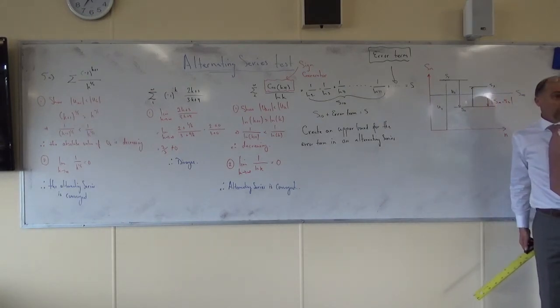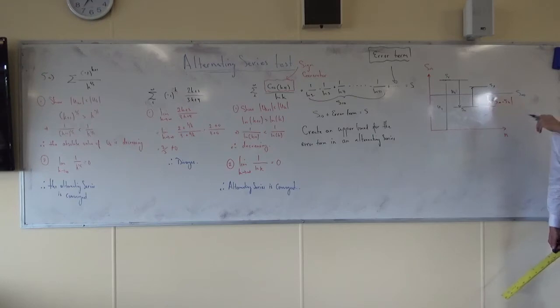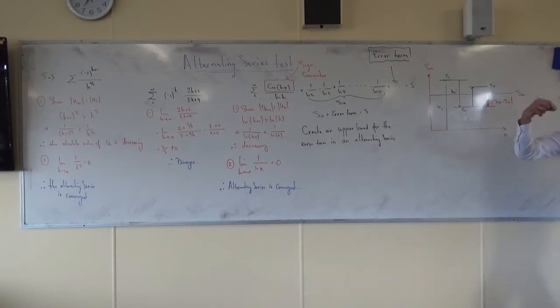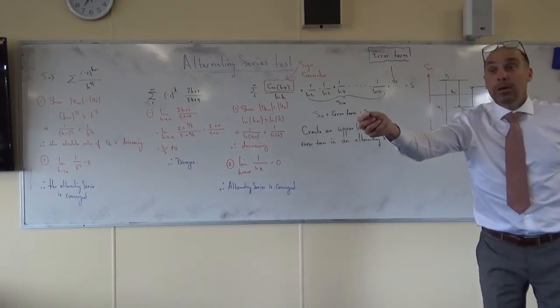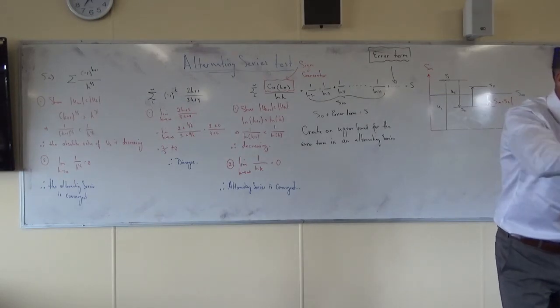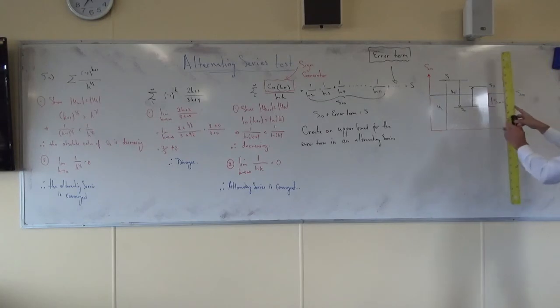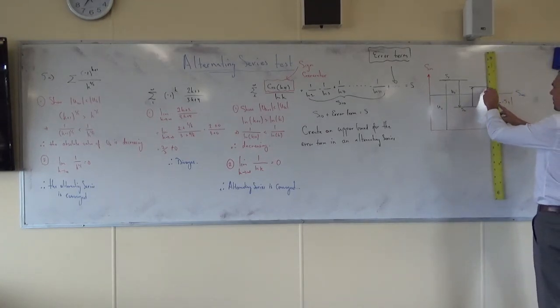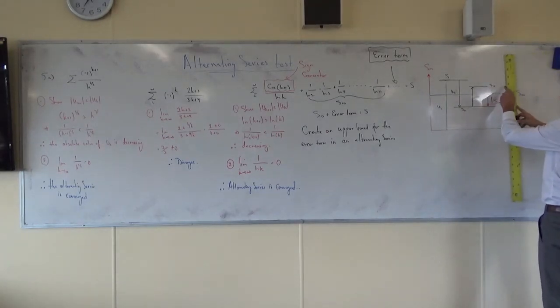Agreed? Now, what do we call this? Can someone tell me? Please have a go. That's the error term in approximating the sum using two terms. Agreed? What's this one here going to be, please? What would that distance from there to there be?